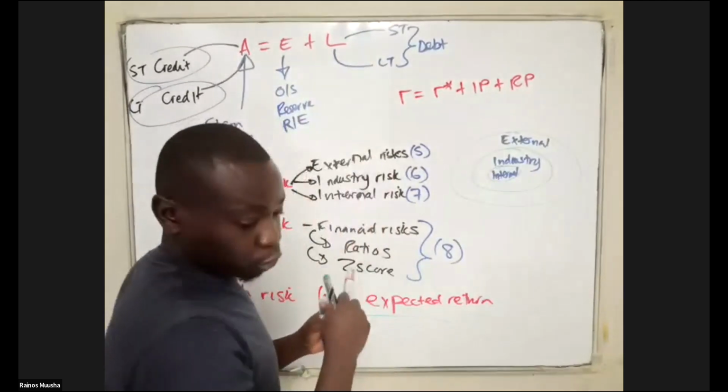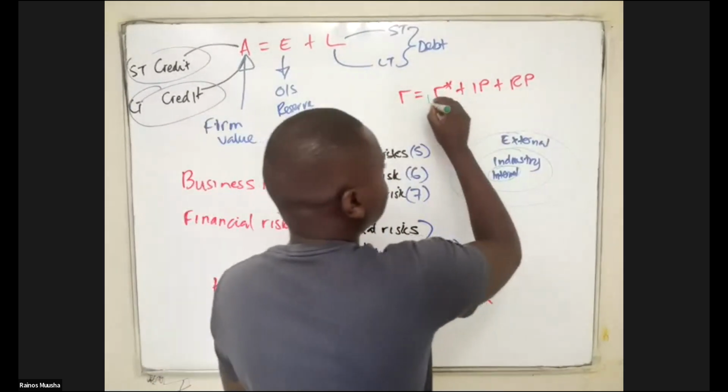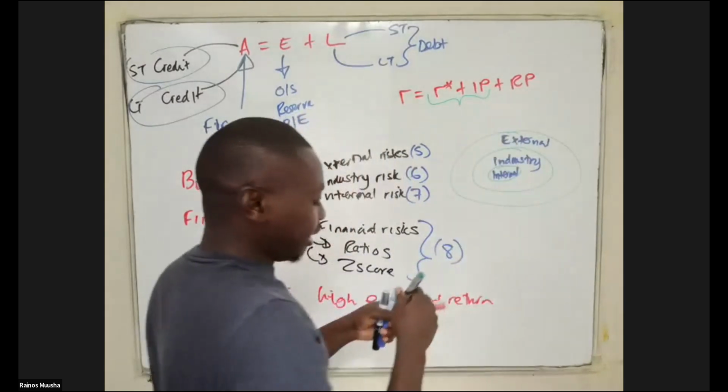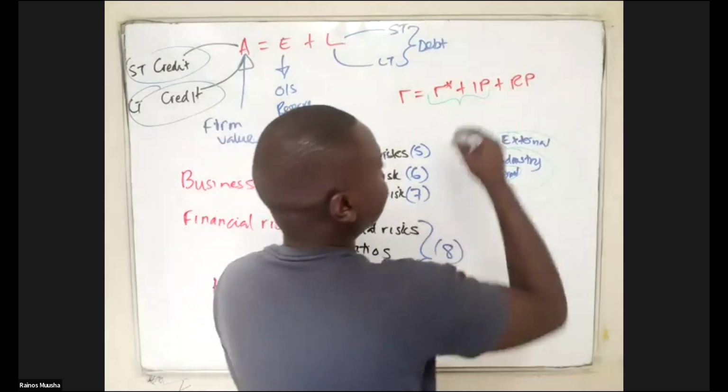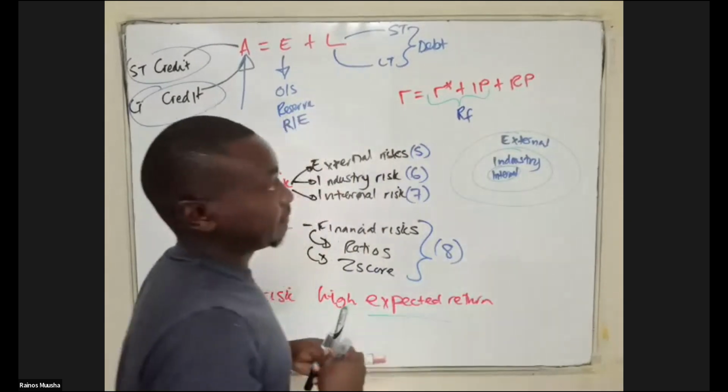And then if you still remember from undergrad, we also said your real rate of interest plus the inflation premium gives you the risk-free rate of return.